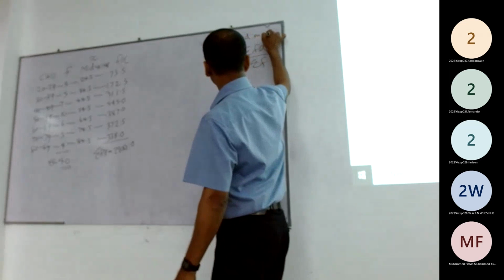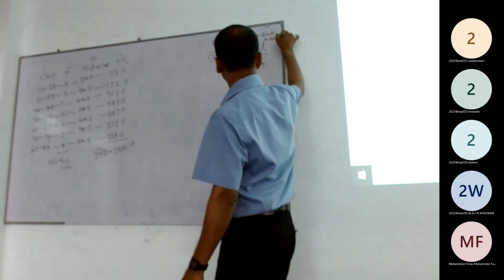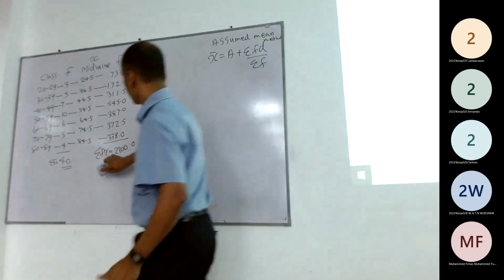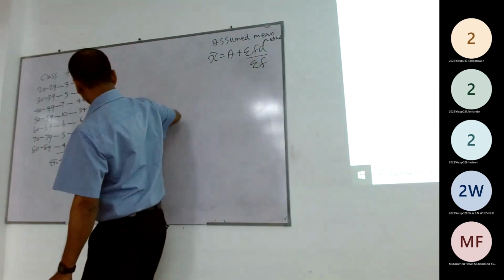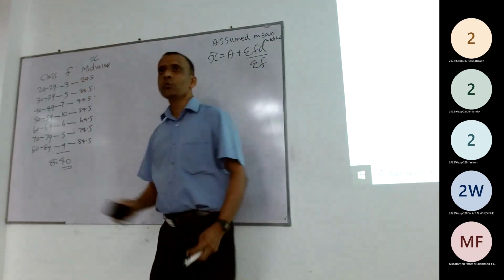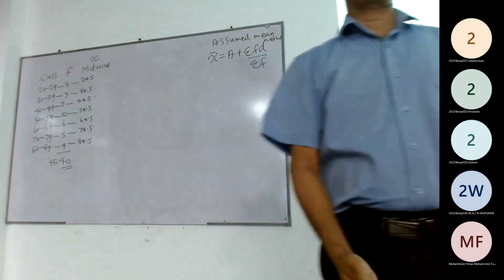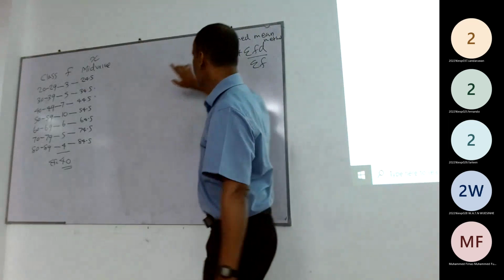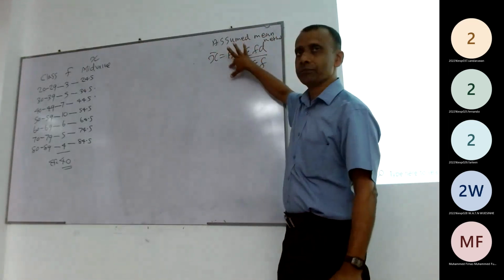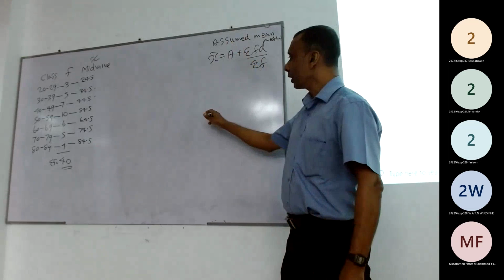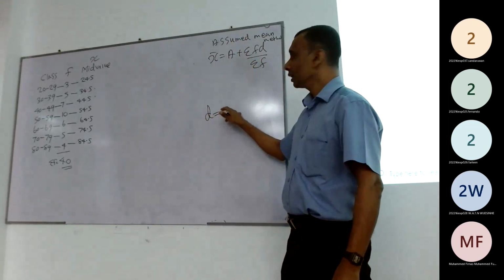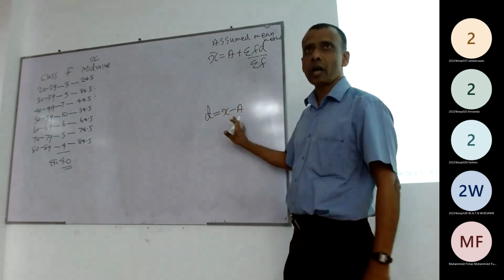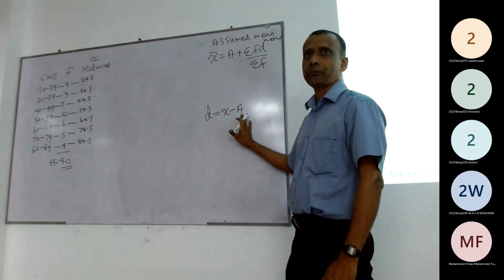The mid value of any class you can assume as the mean, A. Then you calculate the deviation, x minus A. Positive, negative, and zero, all may be there.